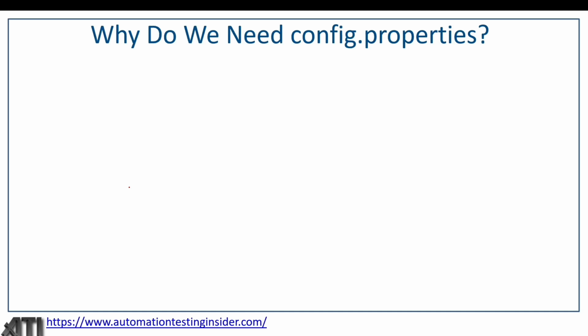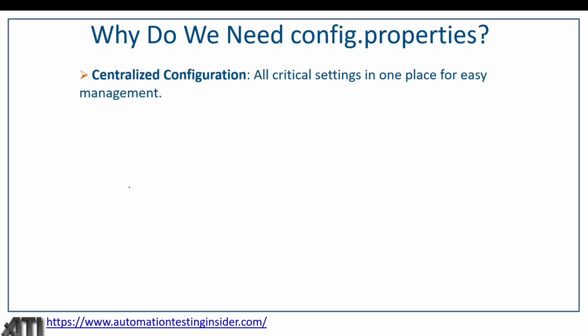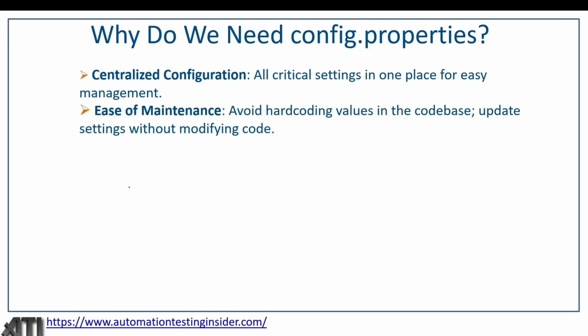And why do we need the config.properties file? It gives centralized configuration: whatever we are going to use for the framework or our project, all critical settings are in one place. Basically it is a settings file where we can do all the settings in one place and access them across the project or framework. That makes the project easy to manage.